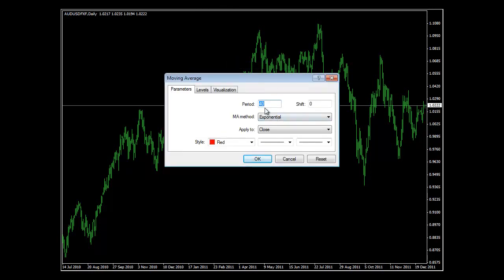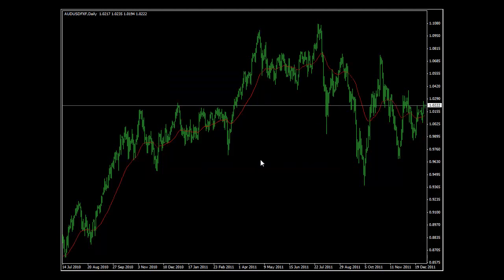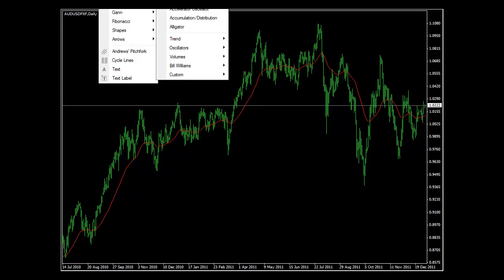The first one's going to be a 40 period exponential on the close, and whatever color you like. I like red. We're going to plot another moving average.